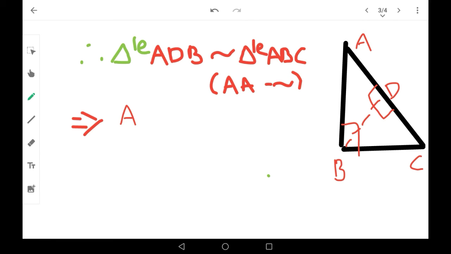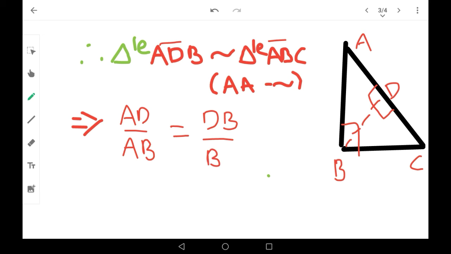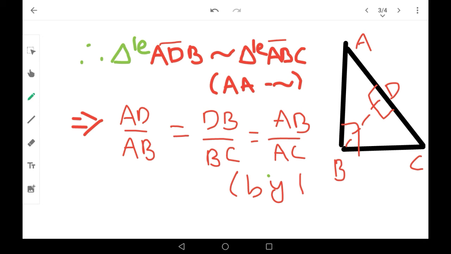AD by AB is equal to DB by BC is equal to AB by AC. I have written this by the definition of similarity.